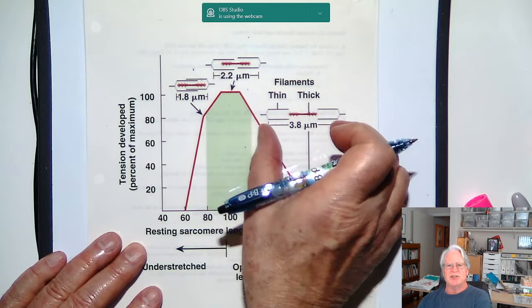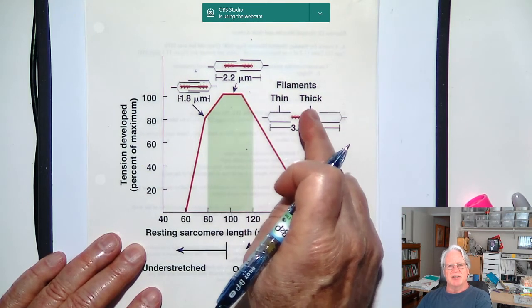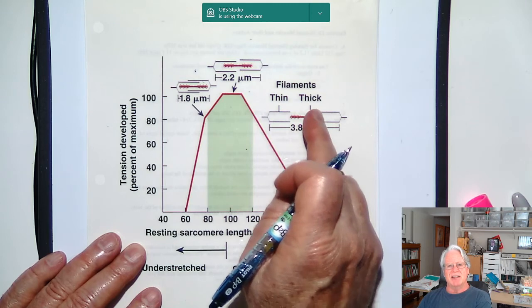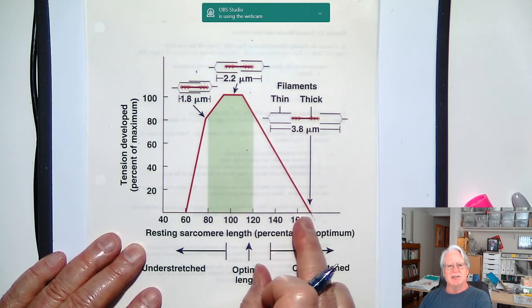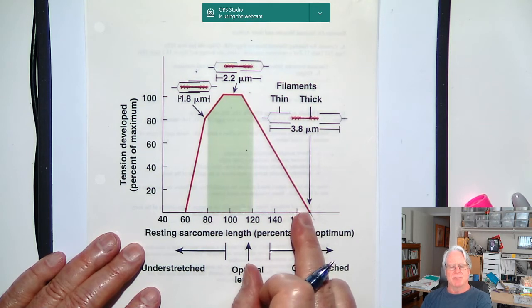So if we stretch the muscle enough so that there is absolutely no overlap between thick and thin filaments, then we're going to get zero force being applied when we stimulate that muscle. Fortunately for you, your skeletal system will prevent this from happening. Your muscles are arranged on the skeletal system, and the skeletal system has built-in locks.